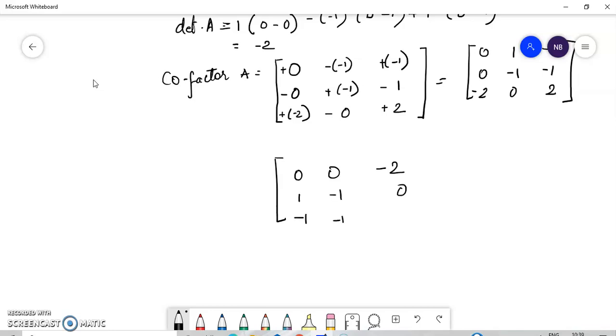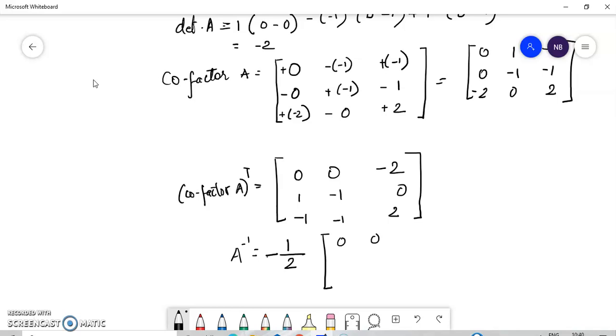This is the cofactor of A, and we need the transpose of the cofactor of A. So A inverse is -1/2, that is 1 upon the determinant, into the matrix which we have just obtained.